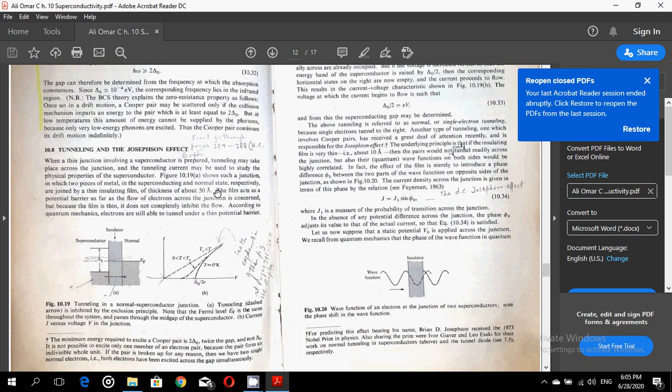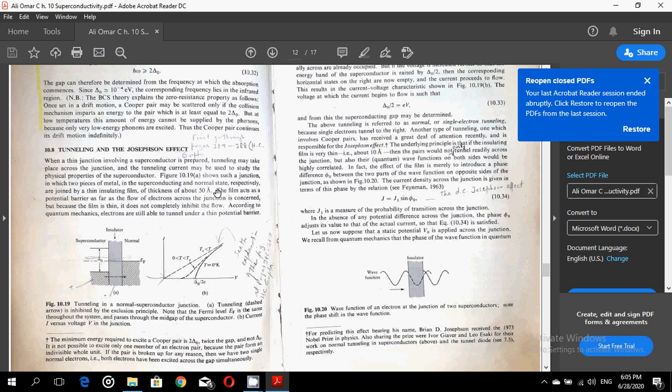Now, this is a quantum mechanical phenomenon, well established and well stated earlier. The tunneling current may be used to study the physical properties of the superconductor. Rather, we will calculate some parameters relating to the superconductors using this tunneling.